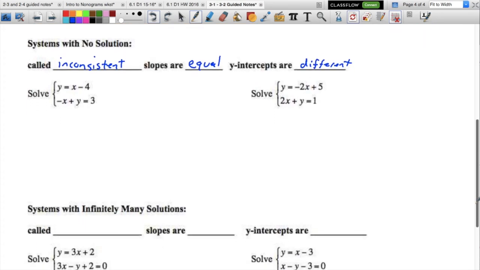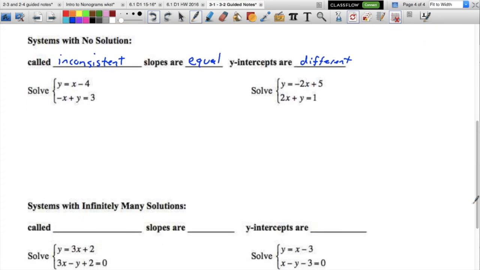Okay, here's a couple of examples. Notice here, if we use substitution, y equals x minus 4, we can plug that in for this y. So to solve this one, I would say negative x plus y equals 3. Well, that y is this x minus 4. So this is negative x and positive x, those cancel, and we get negative 4 equals 3.